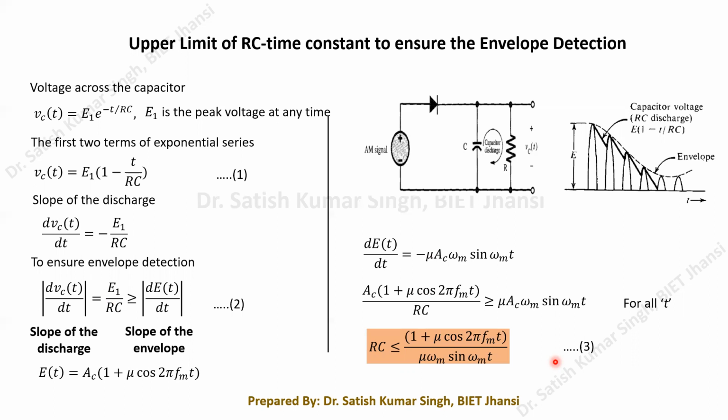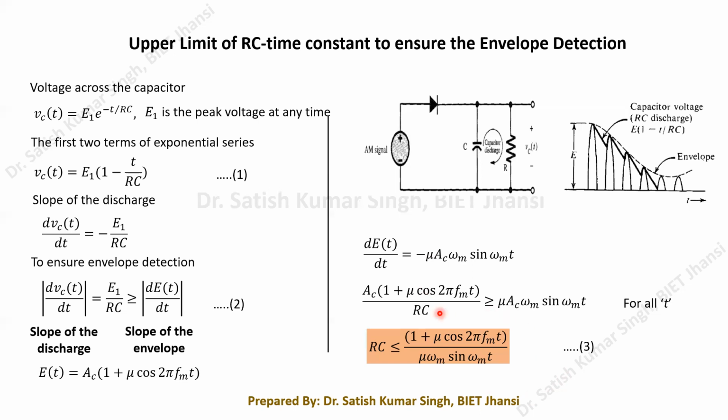Now we can go further and solve this equation: what will be the maximum possible value of the RC? The maximum possible value of this RC will depend on the minimum possible value of this particular expression on the right hand side.